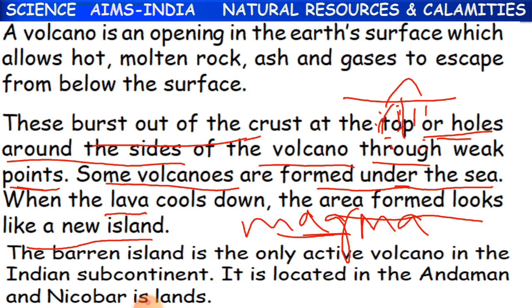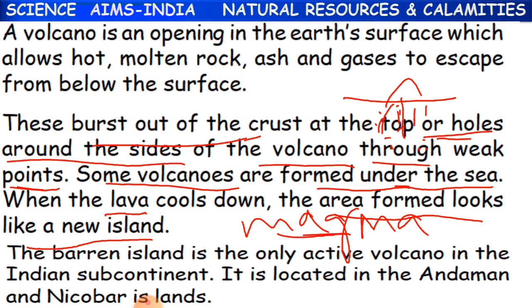What is an island? The place which is surrounded on four sides by water is known as an island. The lava also looks like an island, because the lava looks like a plain area or a rock area, and it is surrounded by water. We can see it as an island.